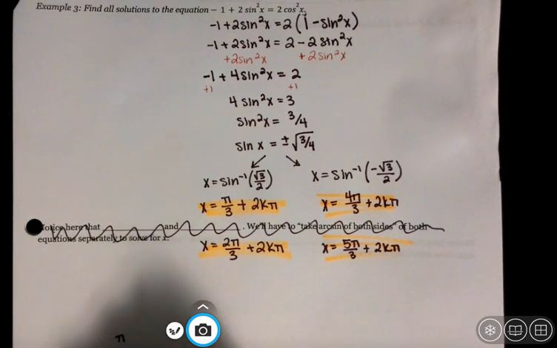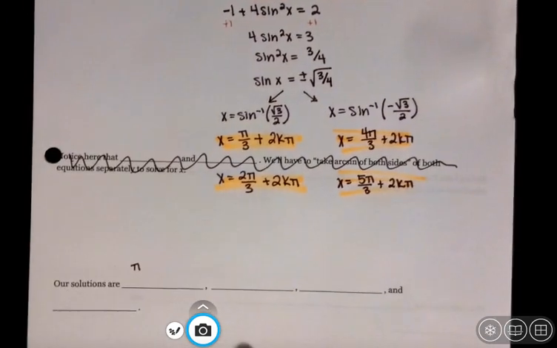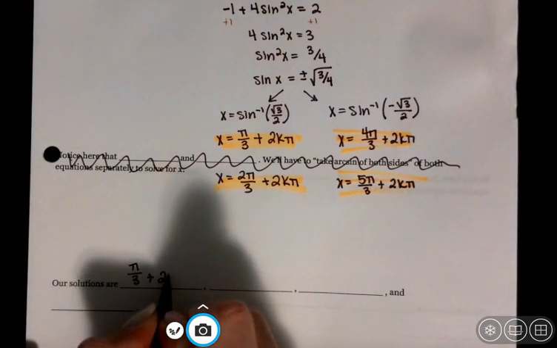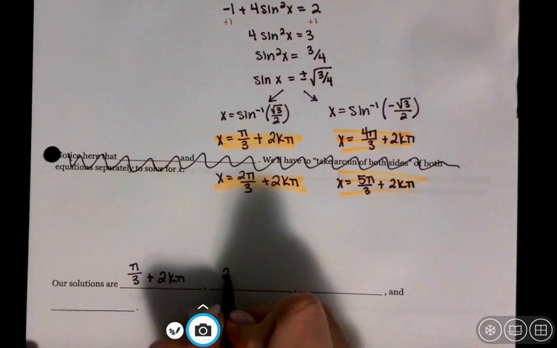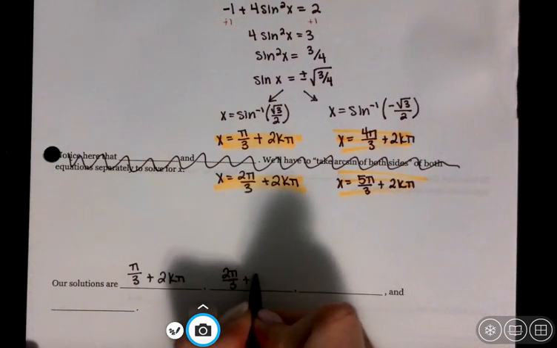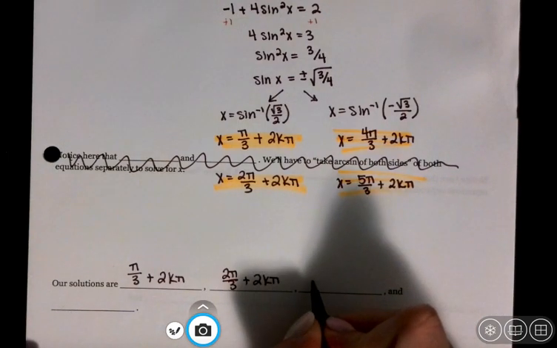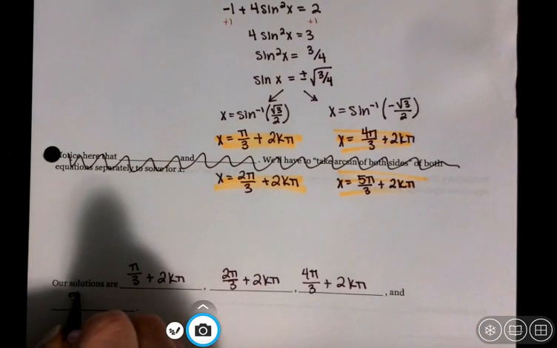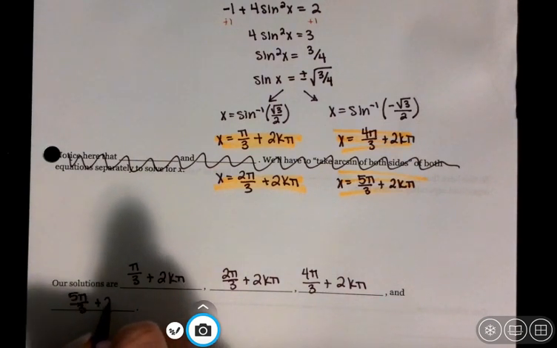And so I'm just going to rewrite these solutions down here so we have them all in the same place. So we have pi over 3 plus 2k pi, 2 pi over 3 plus 2k pi, 4 pi over 3 plus 2k pi, and 5 pi over 3.